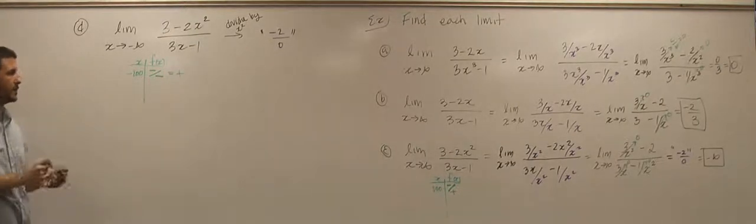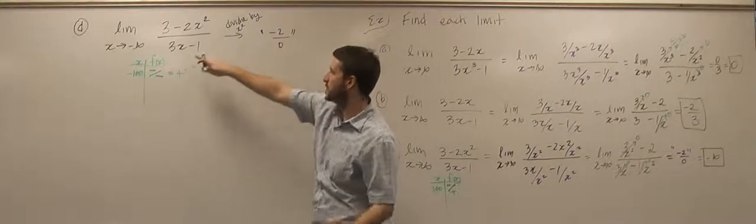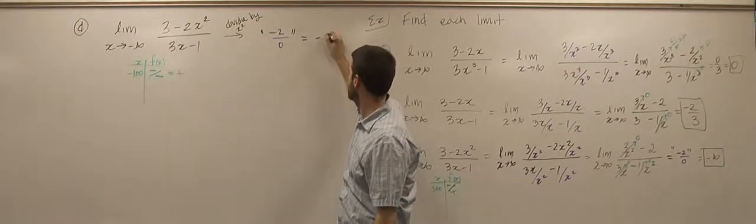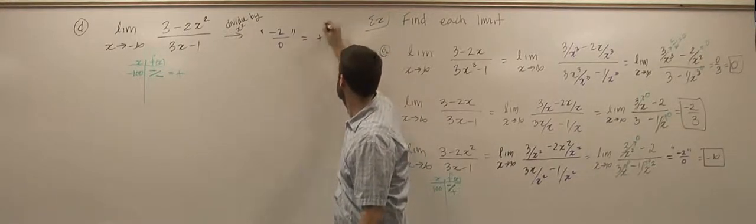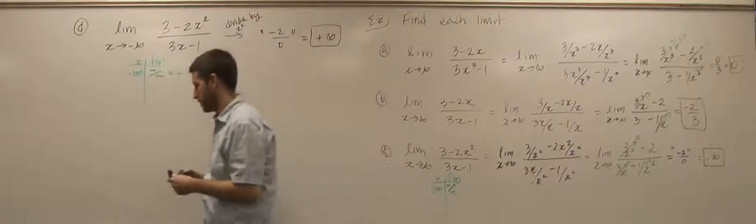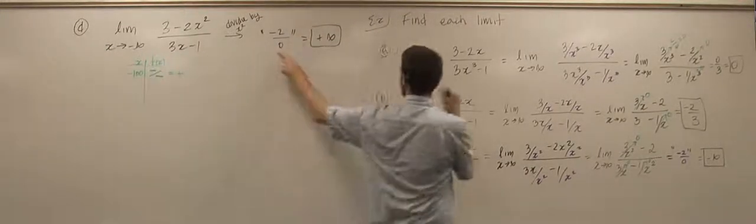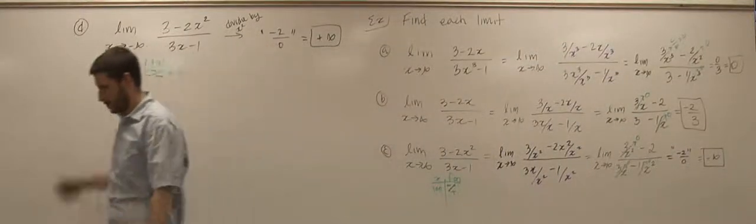That gives you a positive. So as x goes to negative infinity, your result is going to go to positive infinity. Once you get to this form, be rigorous about it and check a point.